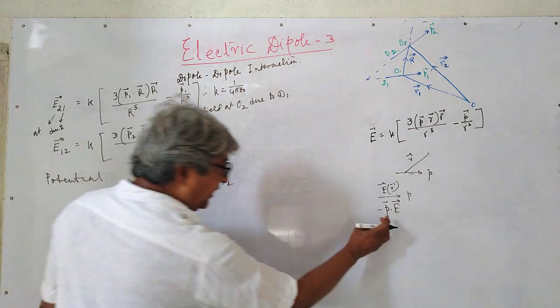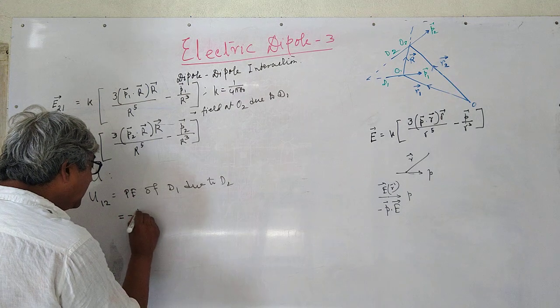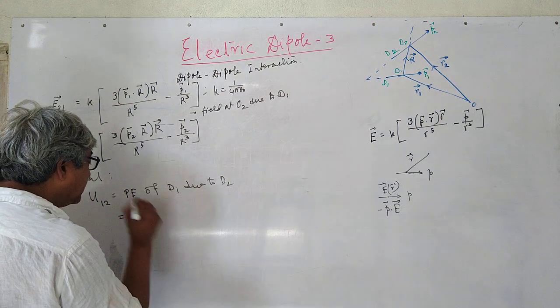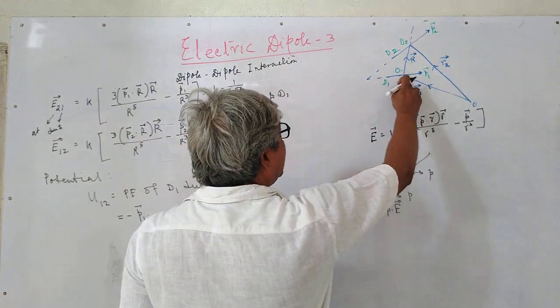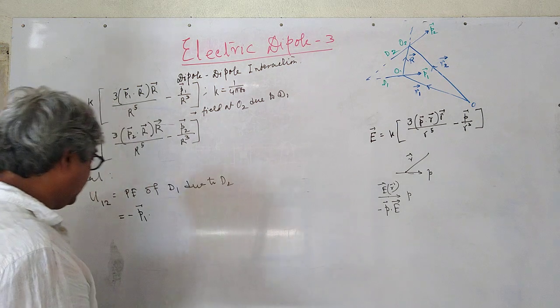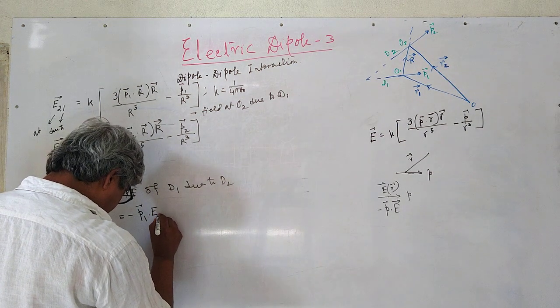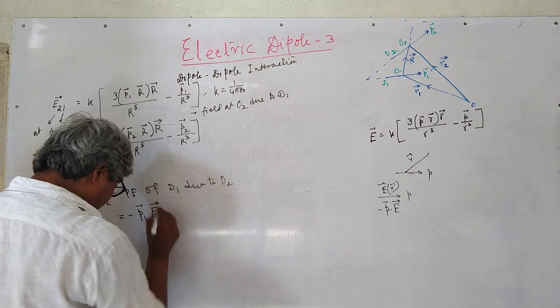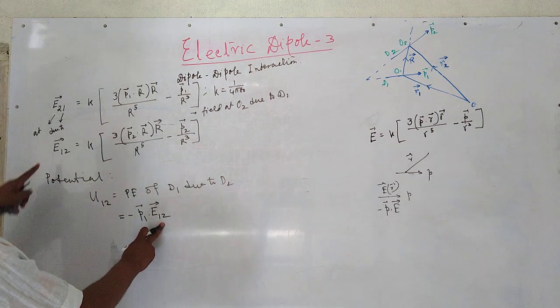So this will be P1, and the field over here is due to dipole 2, so we should write it as E12. That is the field that is produced by dipole 2 at the center of 1.